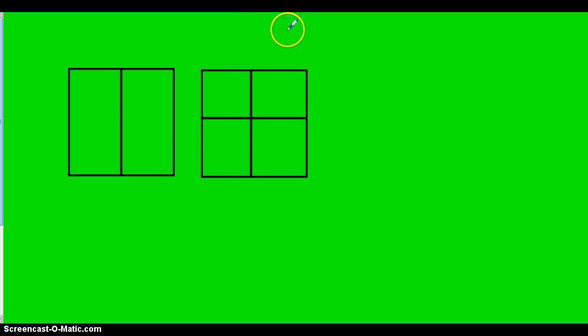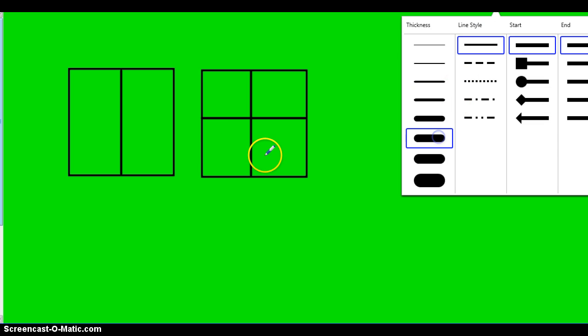If this is my brownie, and I gave you 1/2, but if I took that same brownie and divided it into 4 parts instead of 2, I have doubled the number of parts.